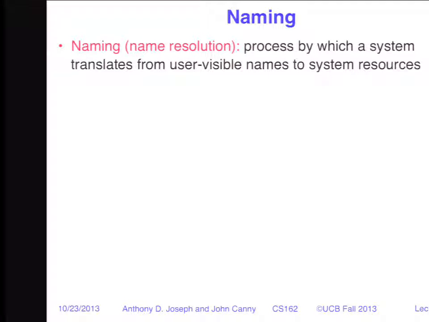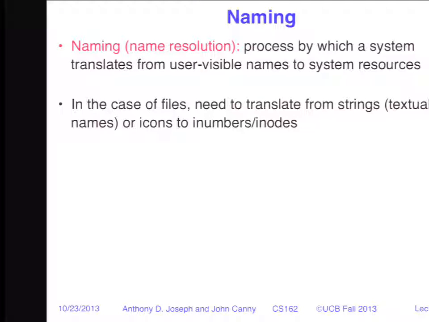I remember it by rover.lcs.mit.edu. Right? So we're going to see this everywhere. Okay, now for files, we're translating from these strings or from these icons into inodes, inumbers, and ultimately inodes.